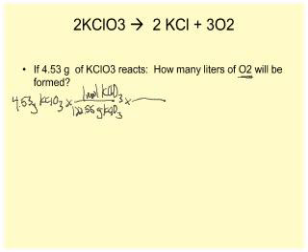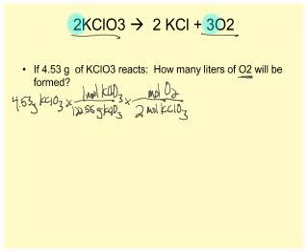Times dividing bar. Now I want to get rid of moles of KClO3, and I want to go into oxygen, so again it's moles of O2. I have moles over moles, so I'm looking again at my coefficients. The coefficient 2 goes with KClO3, coefficient 3 goes with O2. Now I'm in moles of O2. I want to get out of moles of O2.